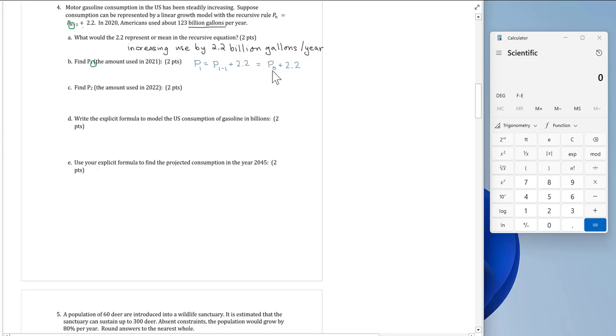So P sub 1 is based on 1 minus 1 or P sub 0. Since P sub 0 or the initial amount is 1.23 billion, then 1 year later it would be 1.23 plus 2.2, or we would say that that's equal to 125.2 billion gallons.